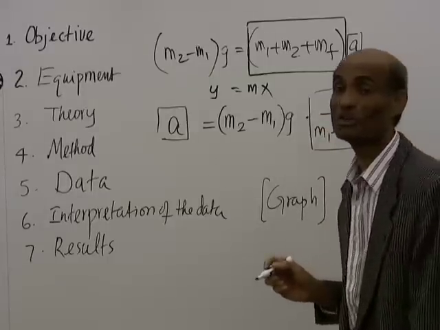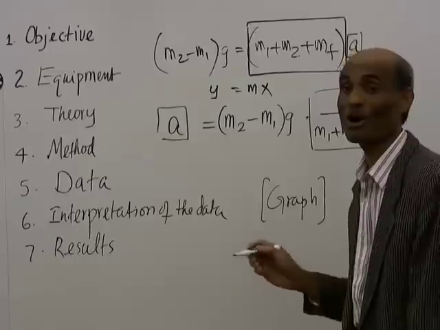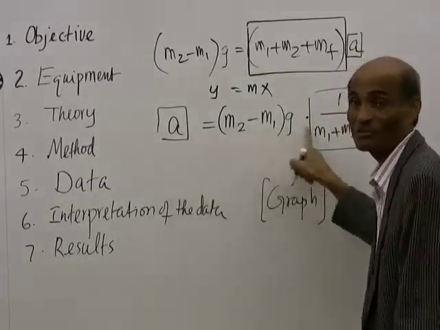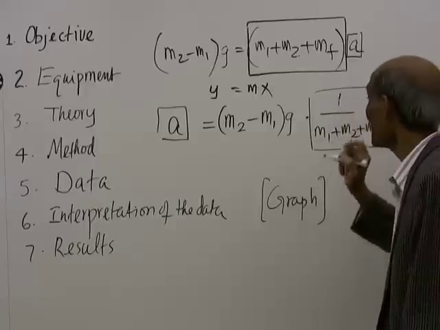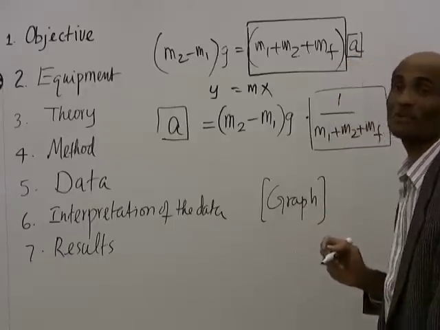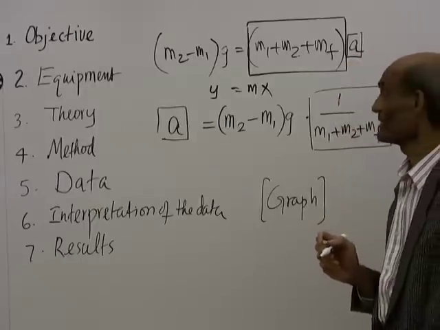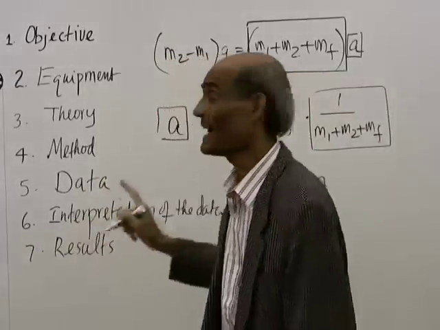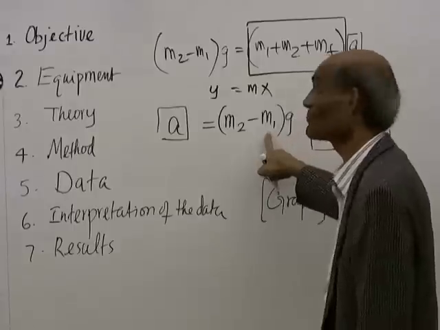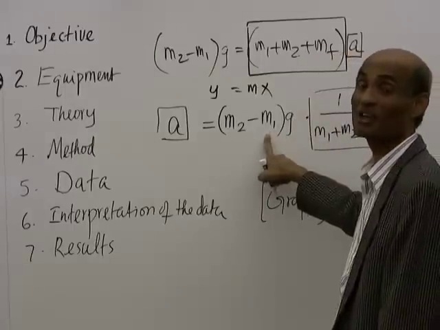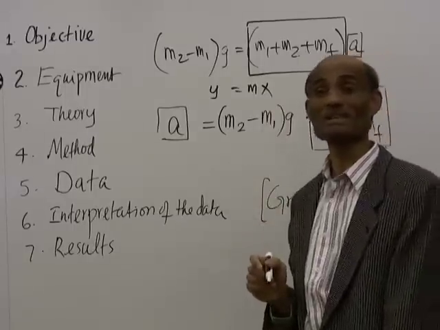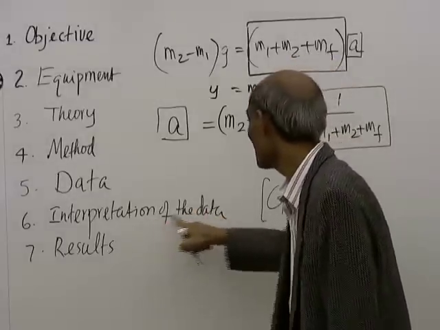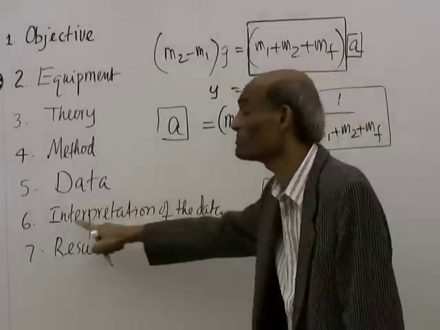That means you need to draw a graph of a, the acceleration, on the y-axis, and 1 over (m1 plus m2 plus mf) on the x-axis. And that graph will be a straight line, and the slope of that graph will be (m2 minus m1) times g. Alright? And it is that slope that you have obtained in number 6.